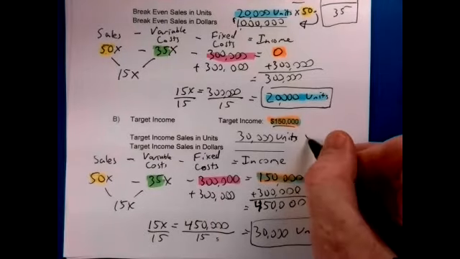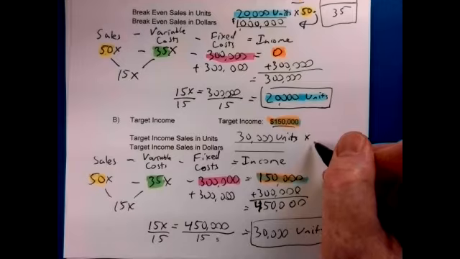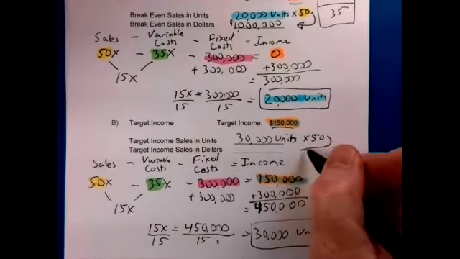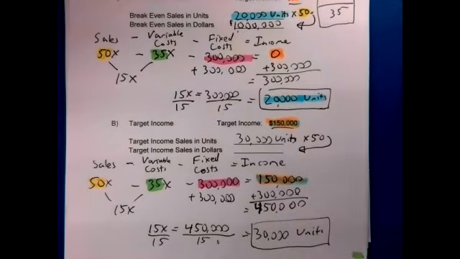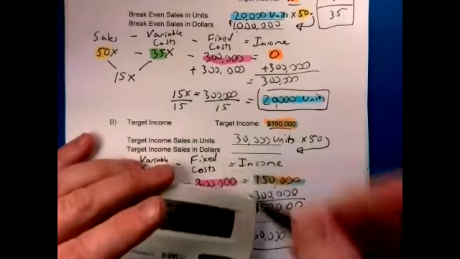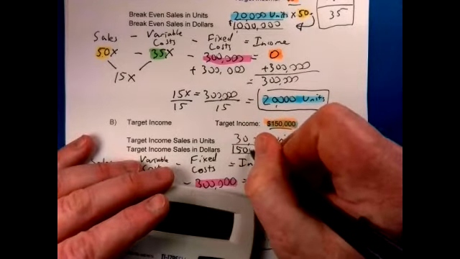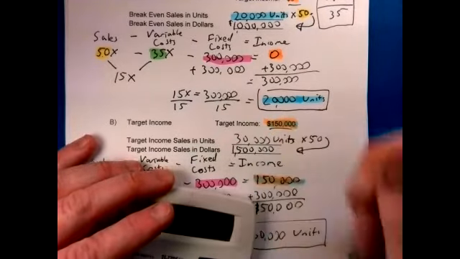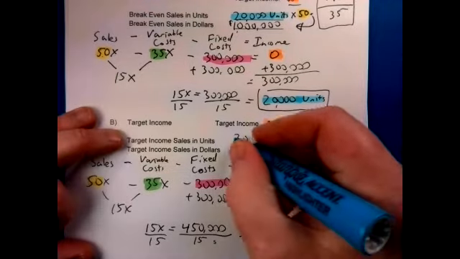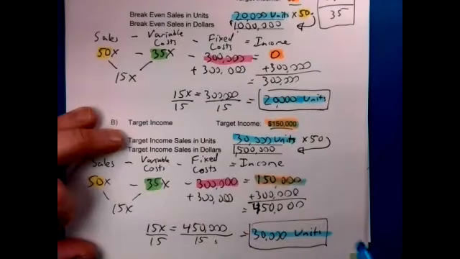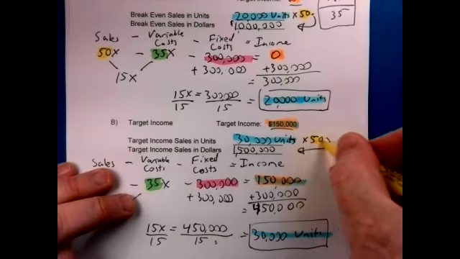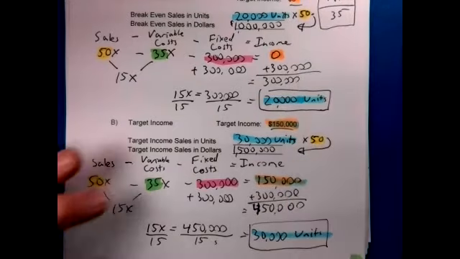And you might ask, well, what is it in dollar sales? In dollar sales, it would be 30,000 times $50. And this is the same as the sales up here on the top.